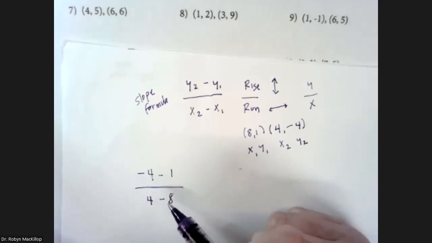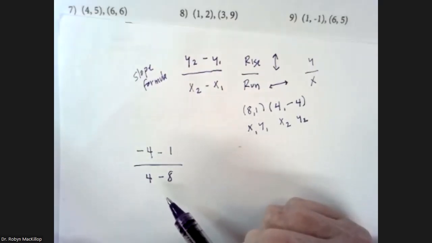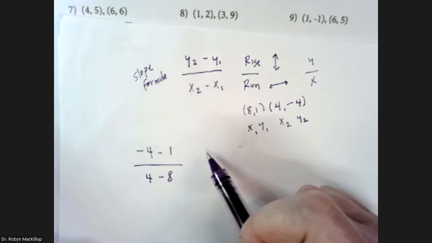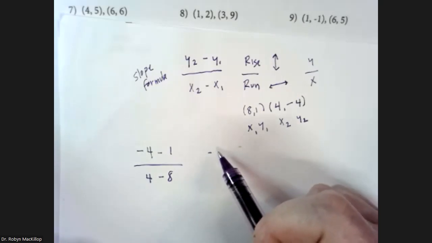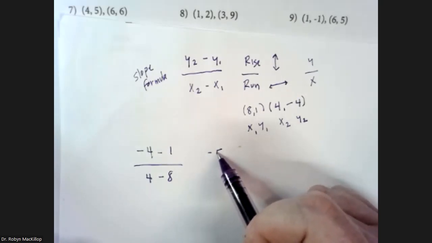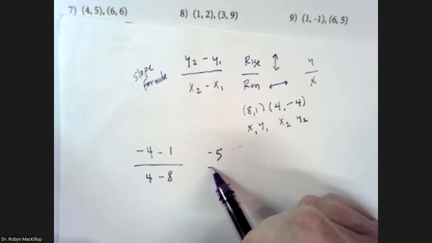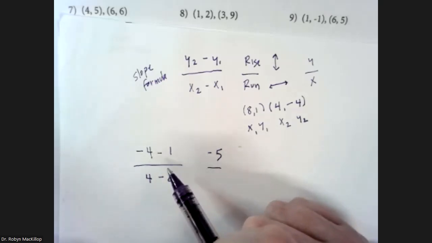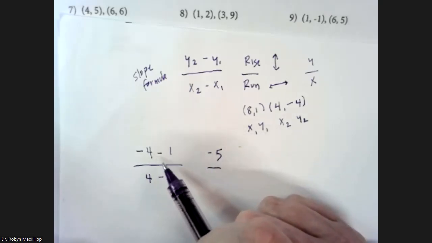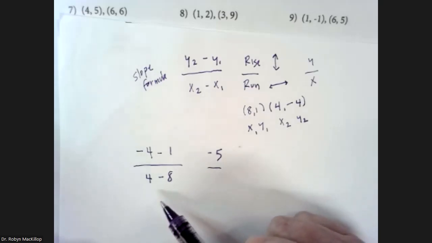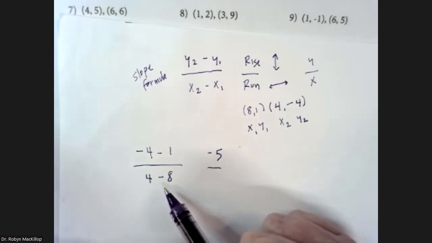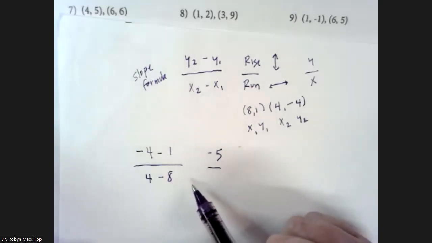And now you do the arithmetic. What is -4 minus 1? -3. Go up 5. Oh, -5. When both numbers are negative, the answer will be negative, and then you just add the two numbers together. And 4 minus 8, what's that going to be?